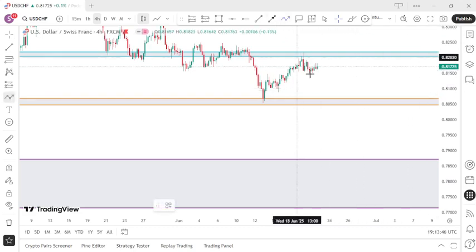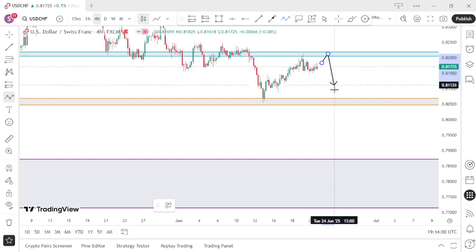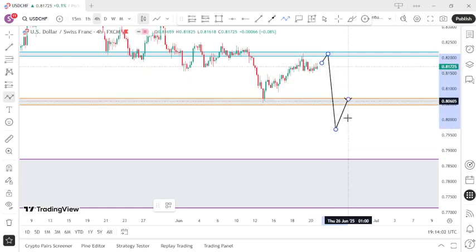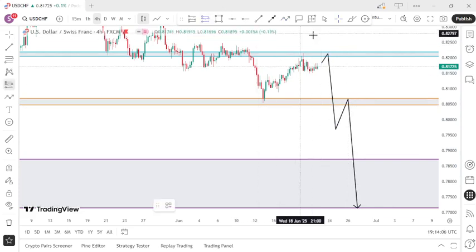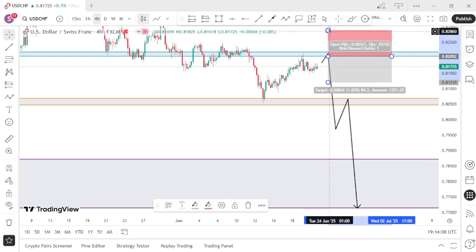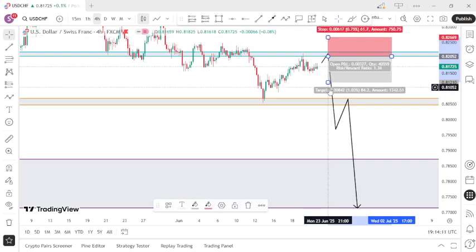The first entry will come in if price is able to come back for a pullback at this particular zone, creating a double top. Then we wait for an entry confirmation and take the sell on USDCHF all the way to the downside.